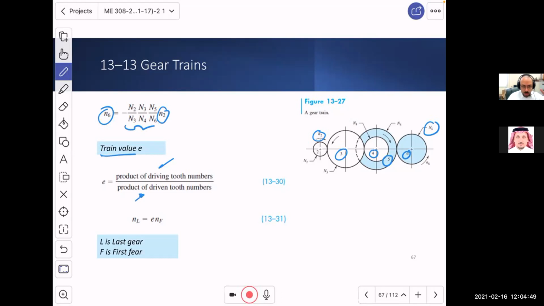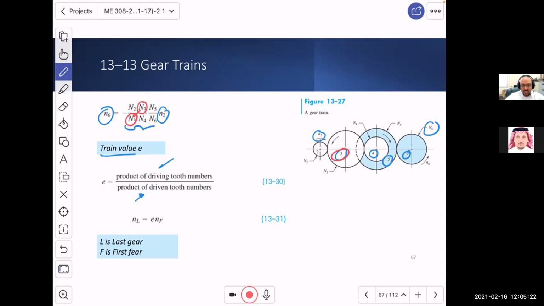Now, something I didn't mention before is that here, if you really multiply the numbers one by one, you would see that the number of teeth for gear number 3 is canceled out, which means that this gear, I think it is called an idler gear, is basically like an object just to fill in the gap from here to there.